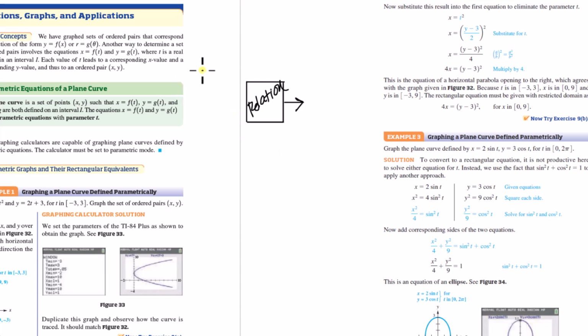So if there are n inputs, then it comes in as an n-dimensional vector. Even if there's just one input, if you have a single scalar output, that's a scalar function.